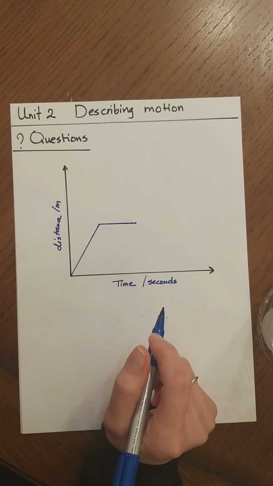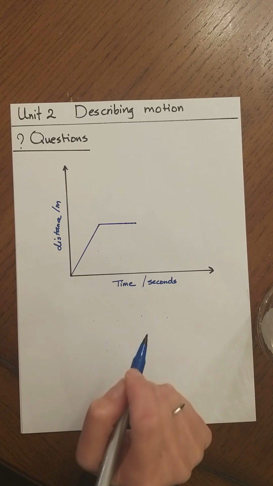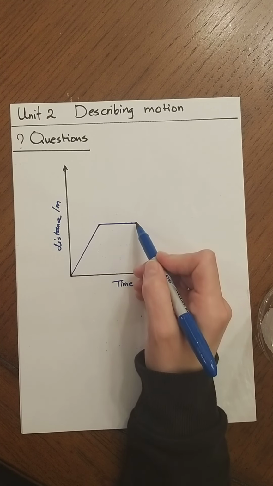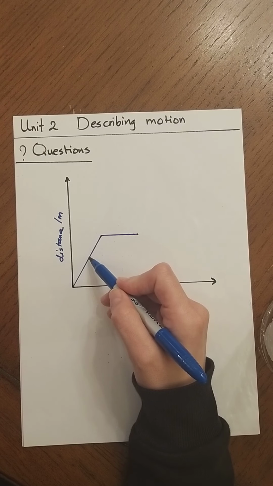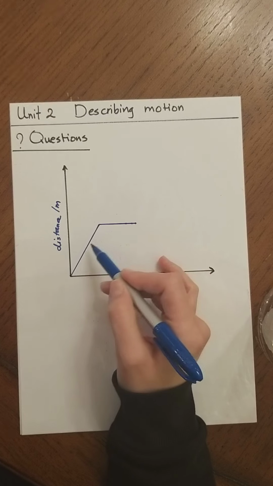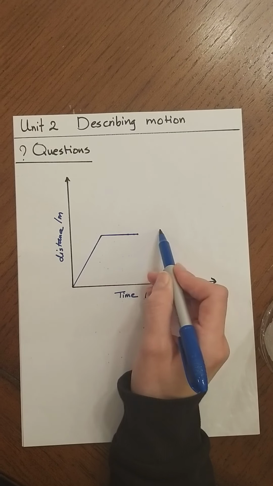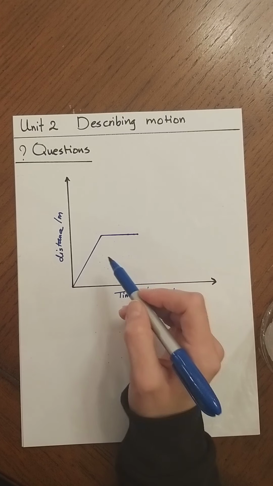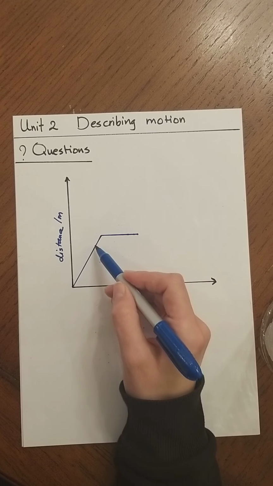Then it continued its journey at a slower speed than before. Now it continues at another steady speed, but it's slower than the beginning of the journey. So to differentiate between these two sections, we need to change the steepness of the line at the end of the journey. If it's slower, it needs to become less steep than this.